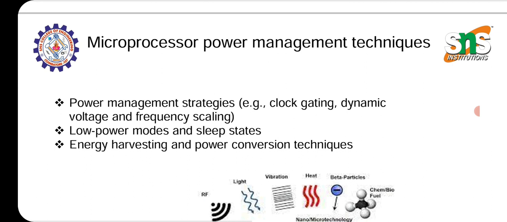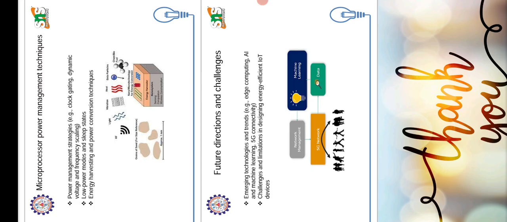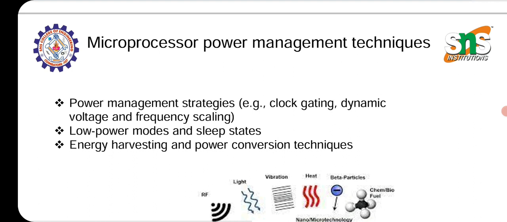Next we will move on to microprocessor power management techniques. These techniques are used to reduce the power consumption of a microprocessor without significantly affecting performance. Common methods are clock gating, a technique in which the clock signal to unused or idle parts of the microprocessor is turned off. This reduces the number of clock cycles and reduces power consumption.